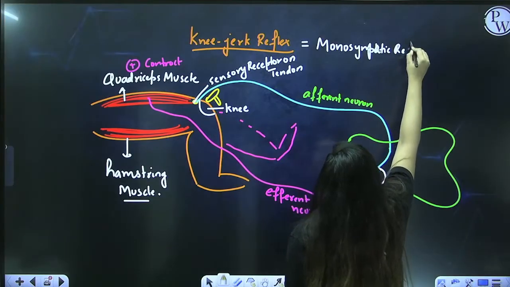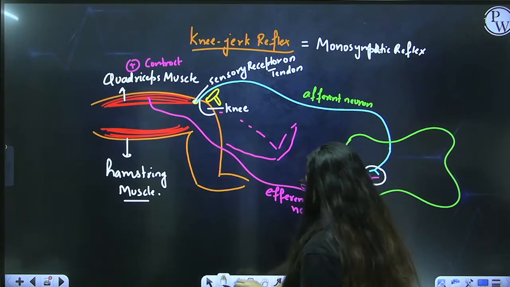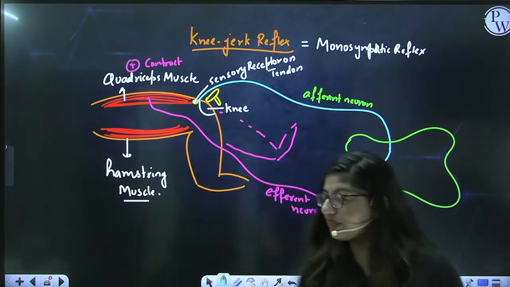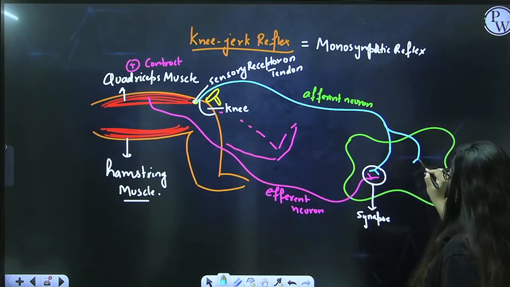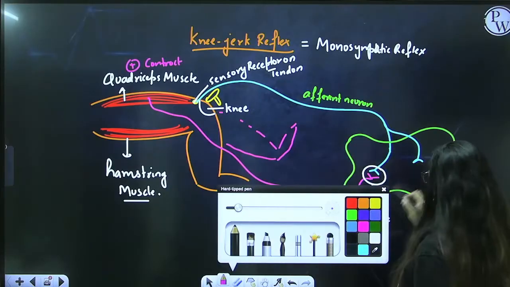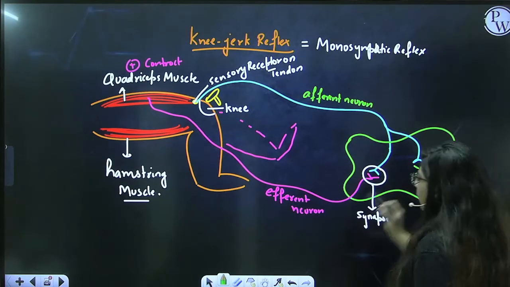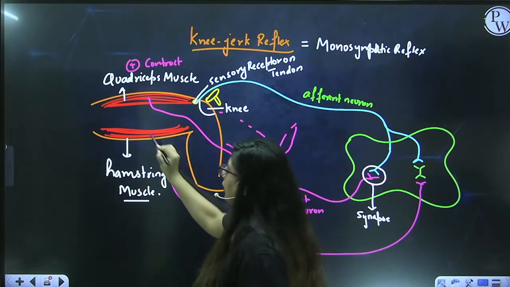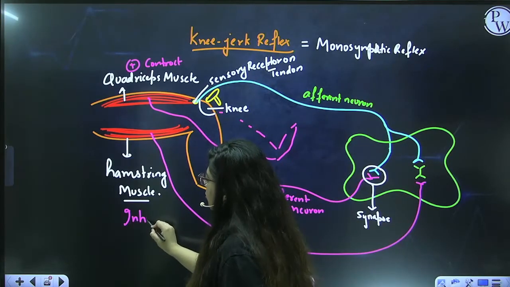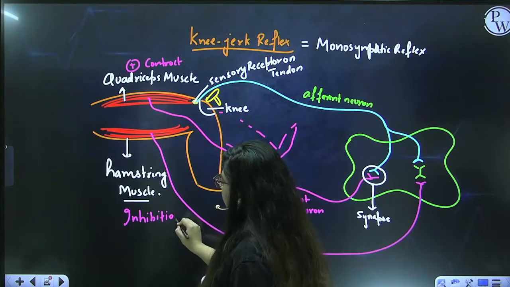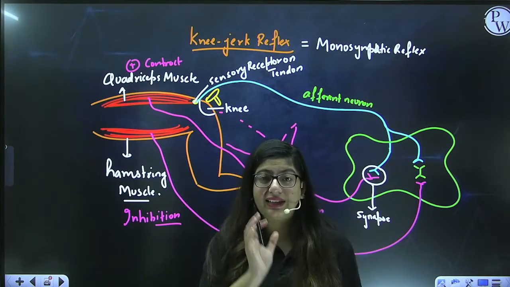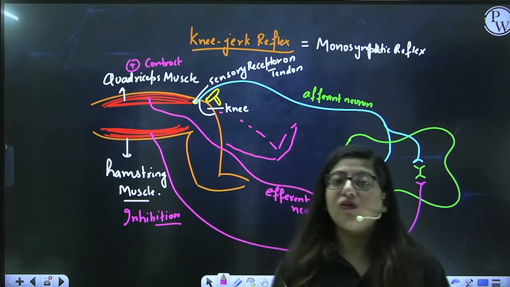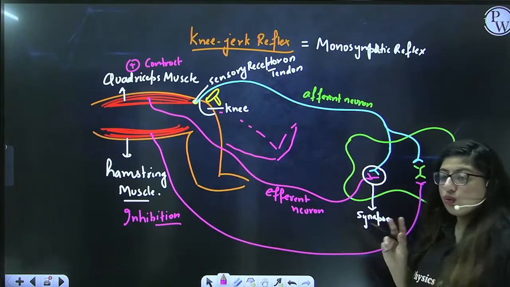Apart from this, one more reflex is going on here, which is the inhibitory reflex, but you will not call it the knee-jerk reflex. Here, first the information is sent to the interneuron, and then the interneuron sends it to the motor neuron of the hamstring, and it causes inhibition of the hamstring. Because if the hamstring muscle keeps contracting, the leg will always be folded. So there are two reflexes going on.